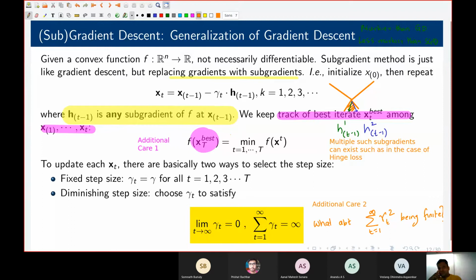So at the point of non-differentiability, how will we get which is the best x? Which is the best one, function value wise? It's a good question. So let's say there's a function that is non-differentiable everywhere. Let's say the function was like this. It decreased and then increased. Let's put it as points.